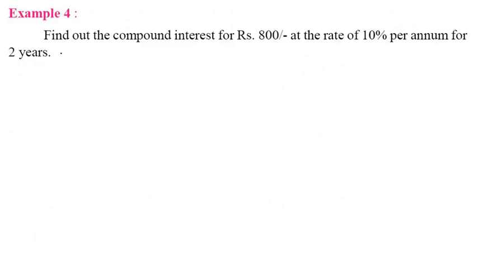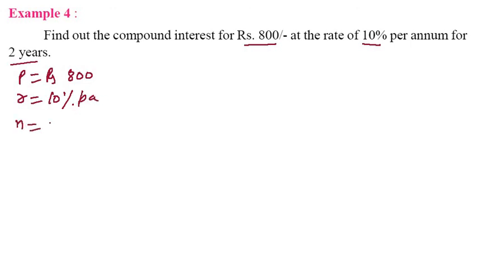Example number 4. Find out the compound interest on rupees 800 at the rate of 10% per annum for 2 years. So now we have to find the compound interest. So principal P is rupees 800, and the rate of interest R is given as 10% per annum, and the time will be 2 years.